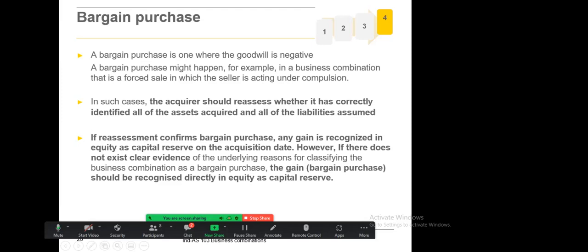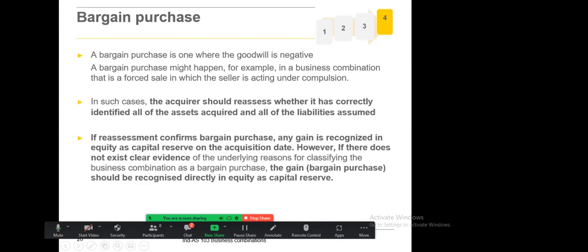So here it is saying a bargain purchase is one where the goodwill is negative. A bargain purchase might happen, for example, in a business combination that is a forced sale in which the buyer is acting under compulsion. In such a case, the acquirer should reassess whether it has correctly identified all the assets acquired and the liabilities assumed. If reassessment confirms the bargain purchase, any gain is recognized in equity as capital reserve.